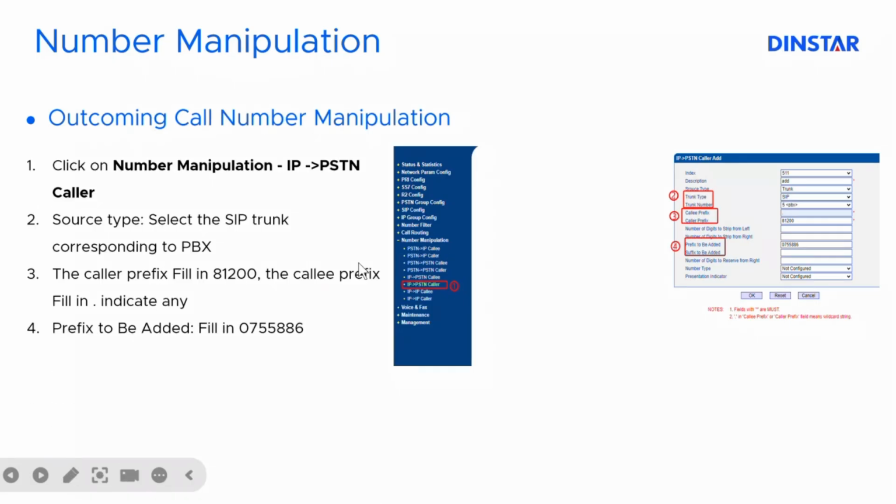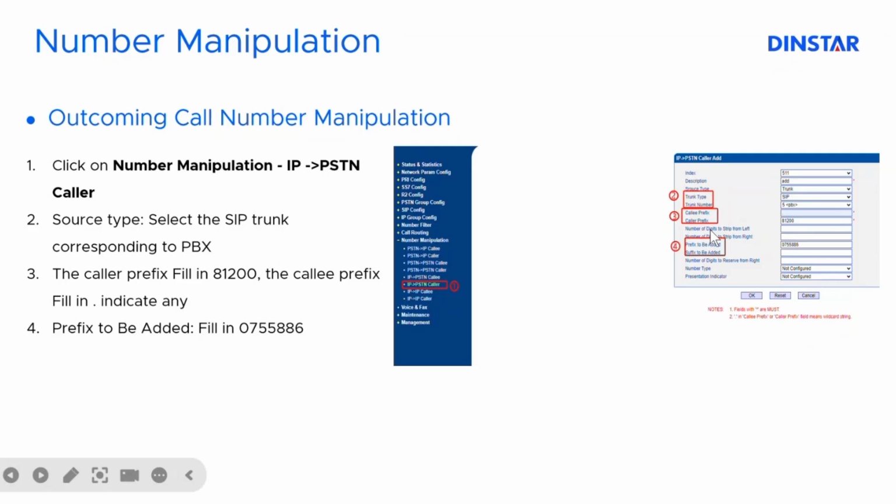Then we just select the SIP trunk connected to the PBX. Yes, in this scenario, we also need to create a SIP trunk. And then we need to set the caller prefix as the extension numbers, like these numbers. So it indicates the extension numbers.